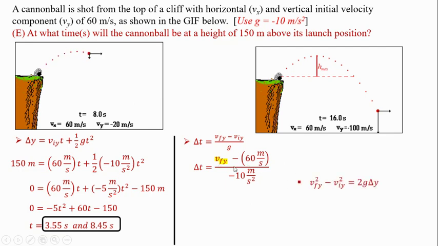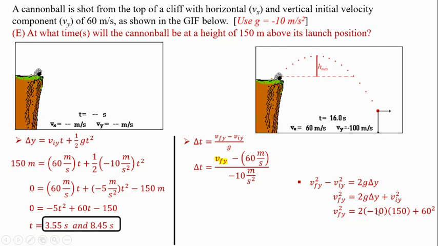You can find VFY using this particular function, okay. VFY squared minus VIY squared equals 2G delta Y. So here you have everything. You know VIY, you know G, you know delta Y, which is given in the statement in part E. So if you isolate for VFY squared, you can just simply move this negative VIY squared term to the right, and then we just plug in values here. I'm going to leave the units out just because I'm running out of space on the screen.